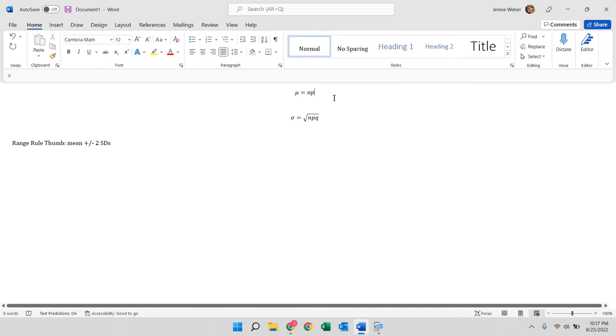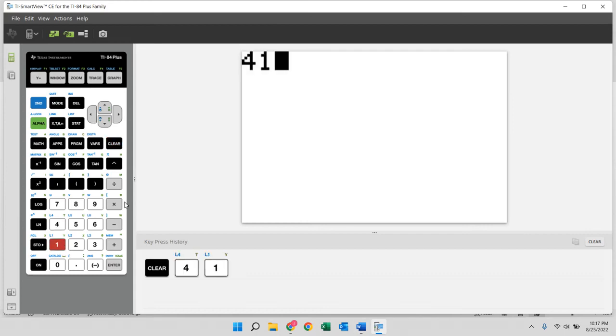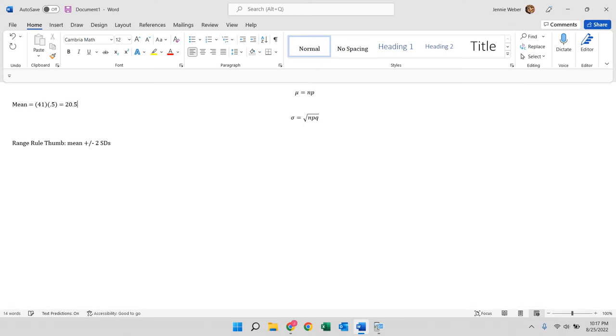So the mean here, and these are the formulas from this section, the mean then is the number of times, so in this case 41, and it should be 50-50 is what they said. So then our mean here is 41 times 0.5, which should be like 20.5. Okay.